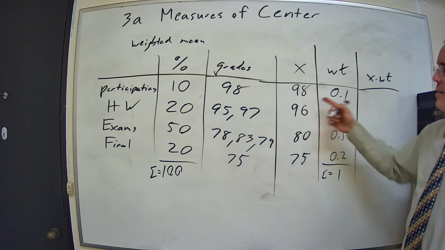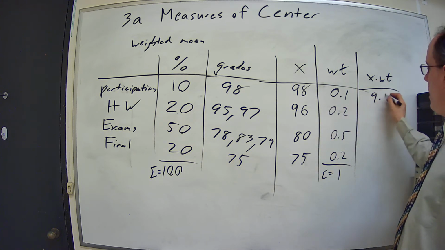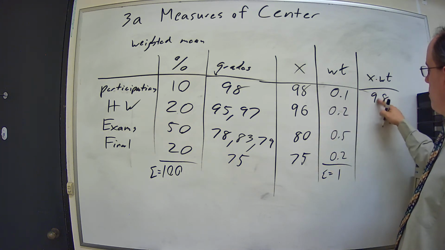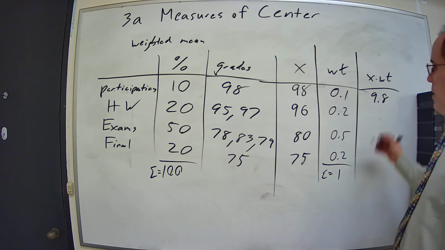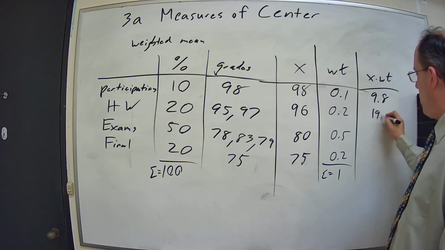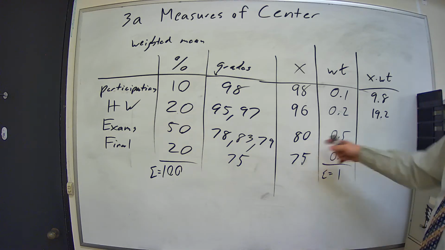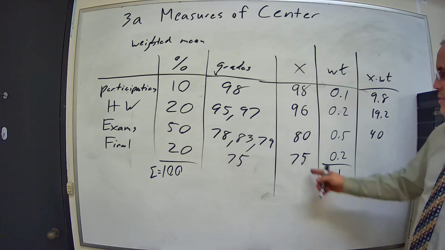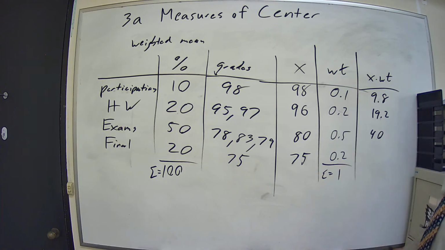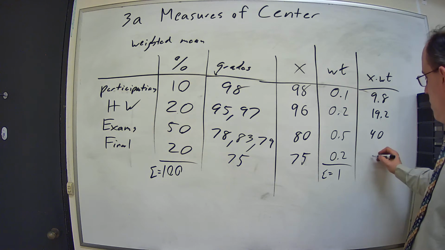So 98 times 0.1 is 9.8. 96 times 0.2, 19.2. 80 times 0.5, 40. 75 times 0.2, 15.